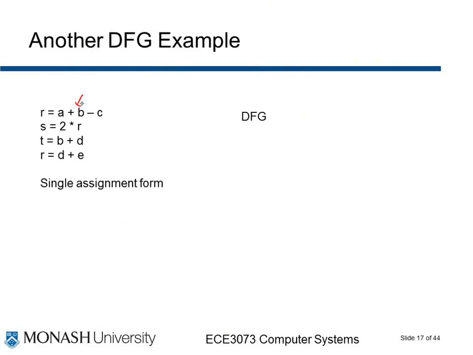Note that R equals A plus B minus C has an implied order. Once you convert this to single static assignment form, you would have, say, R1 is equal to A plus B, R2 is equal to R1 minus C. You can actually write it different ways, but if you write out this problem, you'll note that we can move, say, this variable earlier.